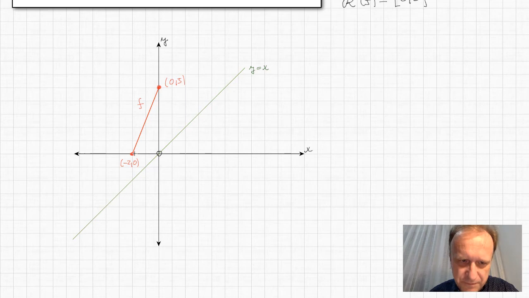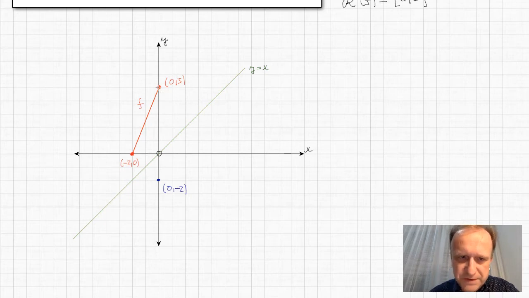So instead of the point with coordinates -2 and 0, we should get the point with coordinates 0 and -2, so this one. You may remember that reflecting the point in this line amounts to interchanging its x and y coordinates. So instead of -2 and 0, what I get here is 0 and -2.